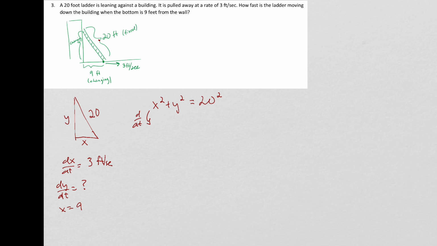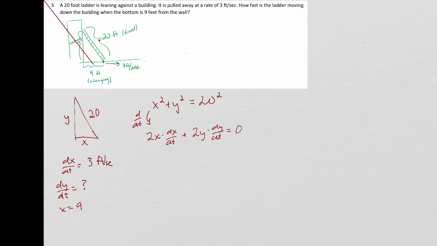So this one's a little bit different from some of the ones that I've gone over in some earlier videos, but I just do a quick power rule on the x, and then I multiply by the dx over the dt. And then I do a quick power rule on the y squared, which gives me 2y. And then I multiply by the dy over dt. And then that's equal to 400, that's a constant. So when I derive it, I get 0.